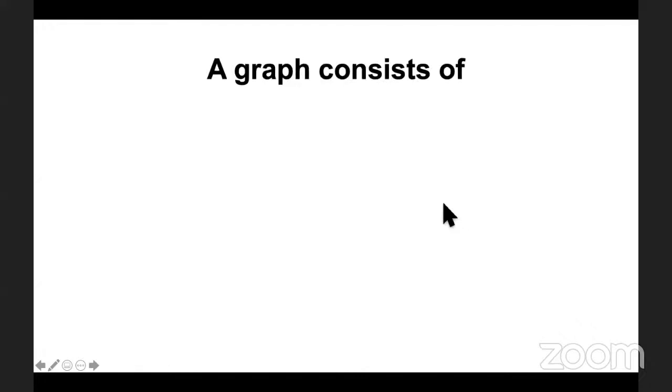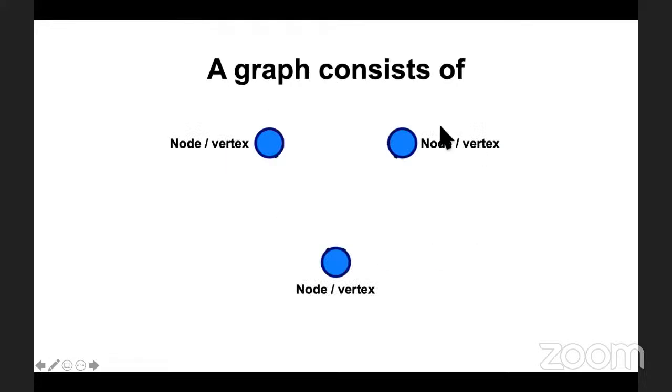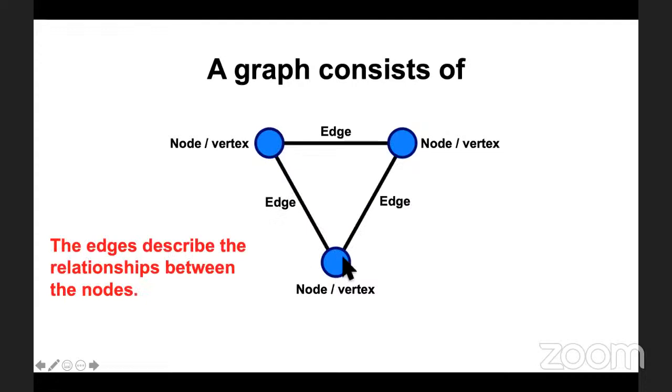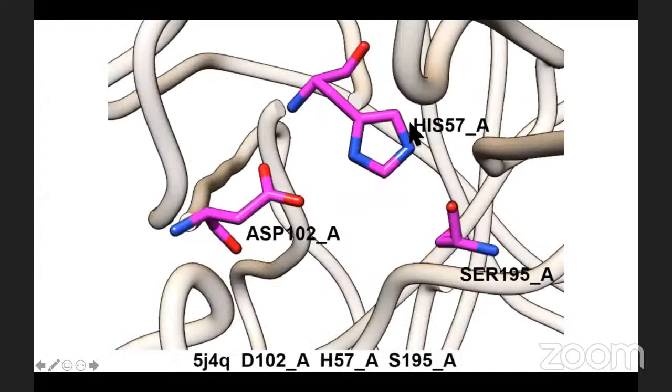Now, in graph theory, a graph is said to consist of nodes, sometimes called vertices, and edges. And it is these edges that describe the relationships between the nodes. The edges can also be vectors, meaning that they can have direction. Now let's go back to the example of that serine protease catalytic triad.